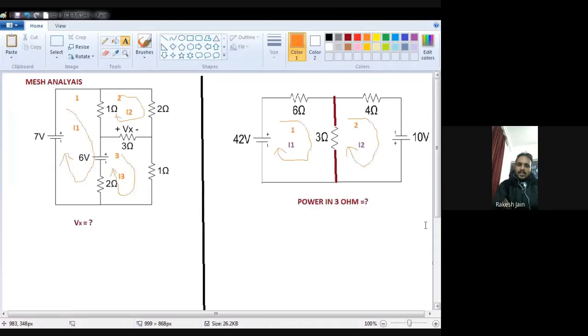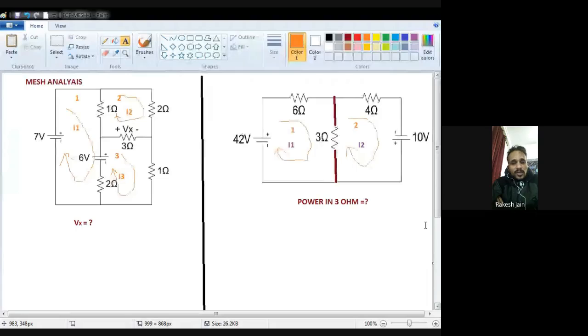Otherwise, if the direction is opposite, write it with negative sign. So in the 3 ohm resistance, if I write the equation for the first mesh, my current is I1. If I write for the second mesh, my current is I2. So whatever mesh equation you are going to write down, take a positive sign with your own current always. Okay.